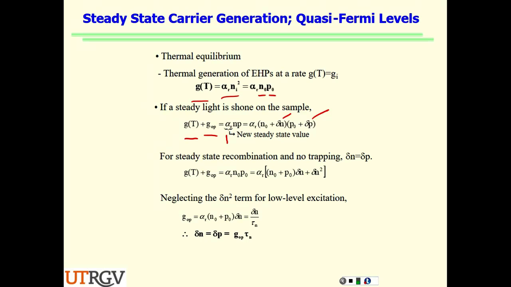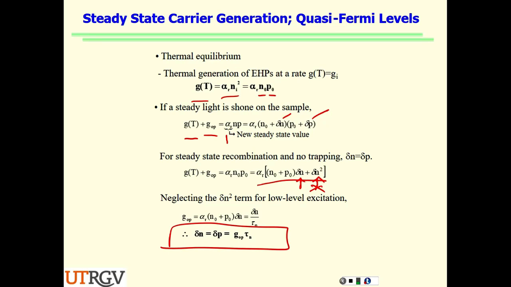Now, if there is no trapping and there is a steady state recombination happening, which is the direct case, we can just simplify the right hand side, and what we end up with is this relation. Now, if it is low level excitation, this is very small and this is even smaller than that. So we can neglect that, and that simplifies our relationship. So our change in the carrier concentration is now a function of the optical generation and carrier lifetime.